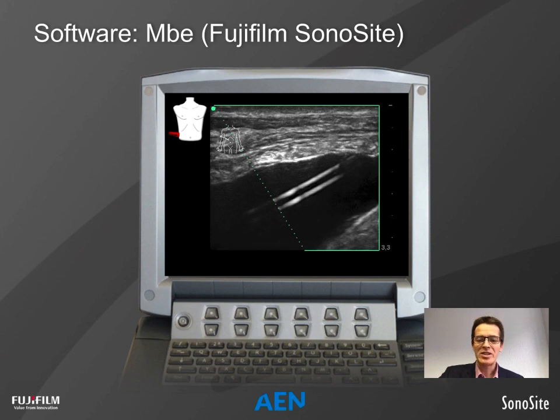But we can actually tell the piezo crystals to angulate and to send the sound wave at a specific angle in relation to the footprint. And this is shown here. You see this line with the little points, and this is the direction of the sound waves, which are directed towards a target structure.